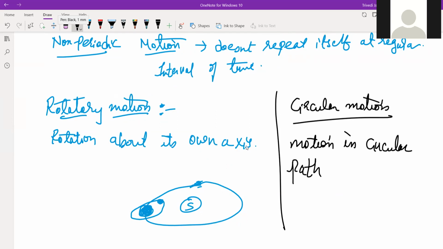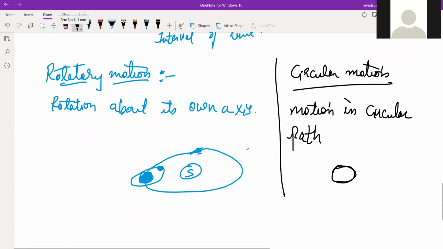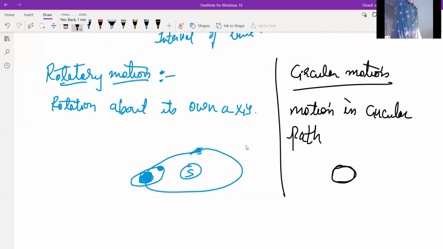We can assume this is a circular path, Earth is moving around. Earth is moving around the Sun with revolution. Yeah, that is also okay. Now, again the same question, can rotatory motion be a circular motion? Yes, sir. No, sir. Circular can be rotated.